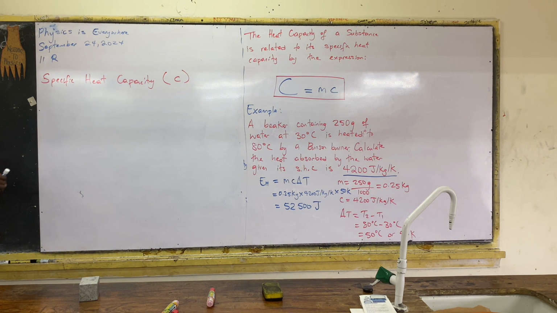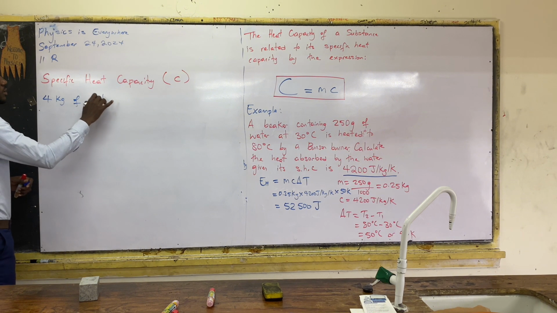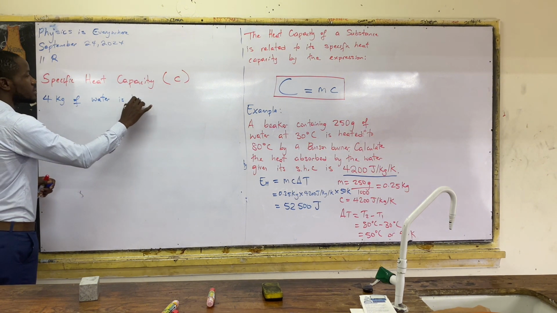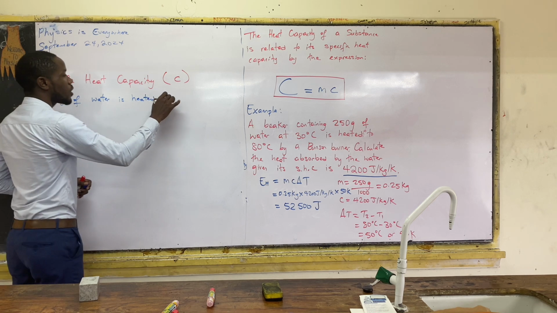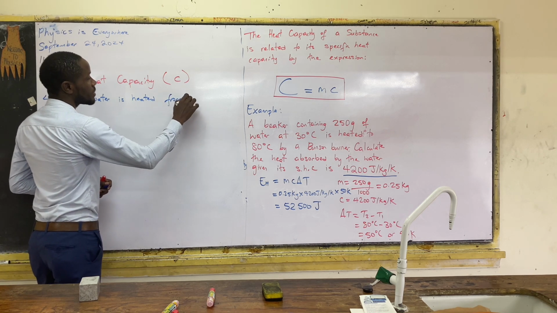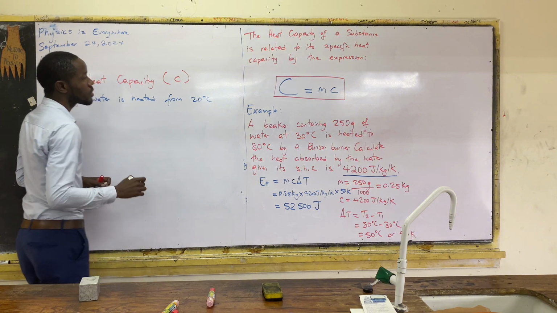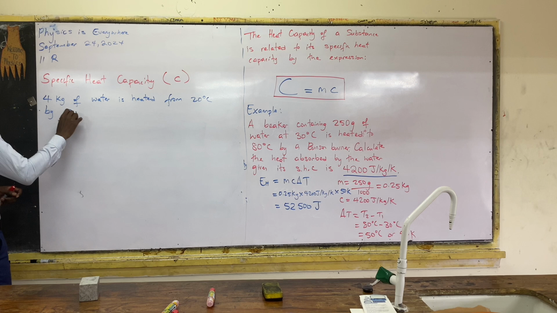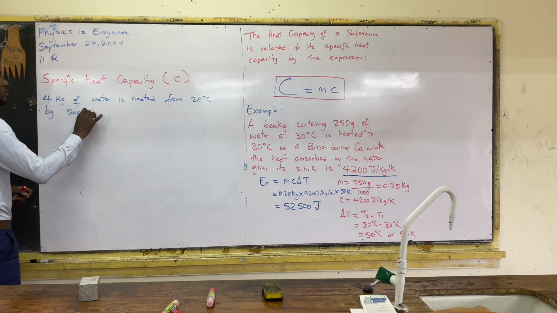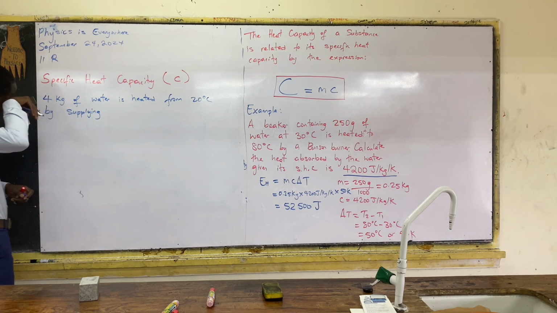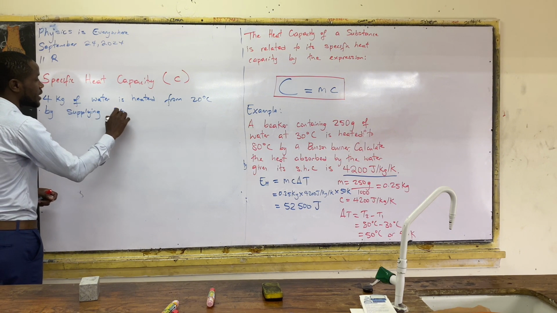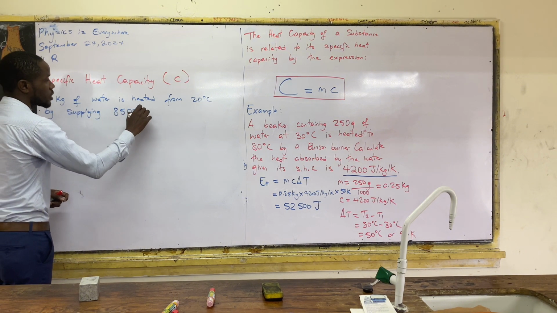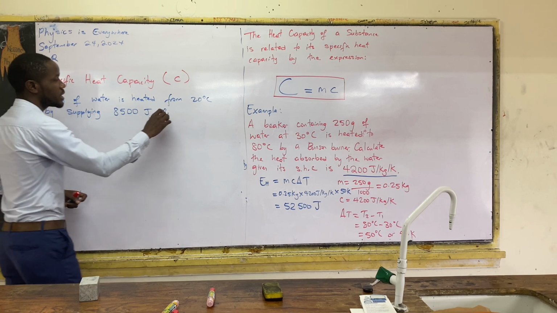So we're going to say that, let's say 4 kilogram of water is heated from, let's say maybe 20 degrees Celsius by supplying, let's say 8,000 or 8,500 joules of heat energy.